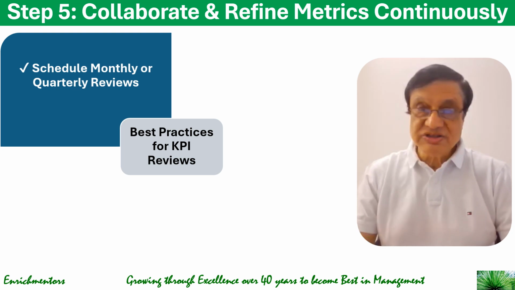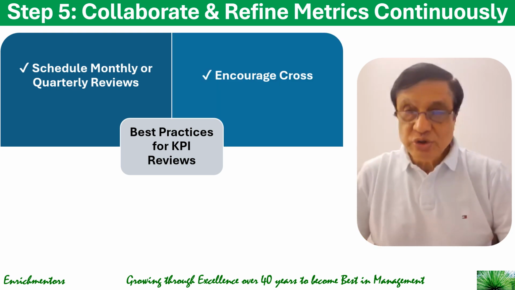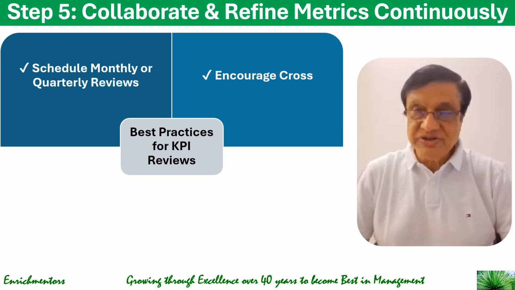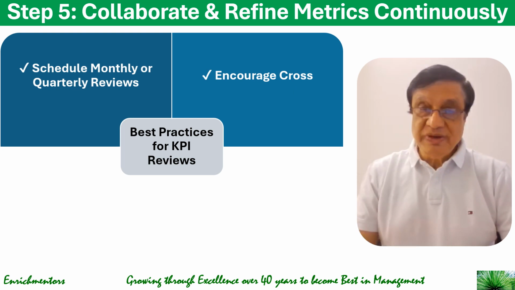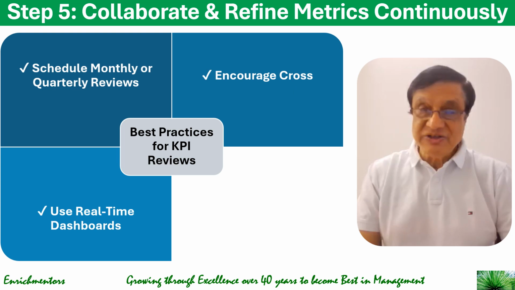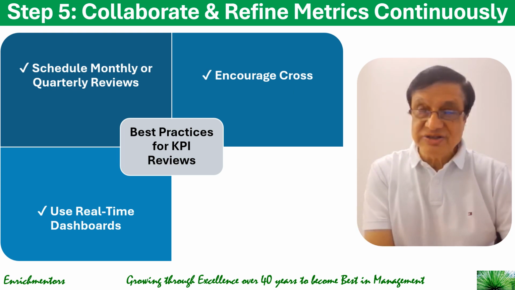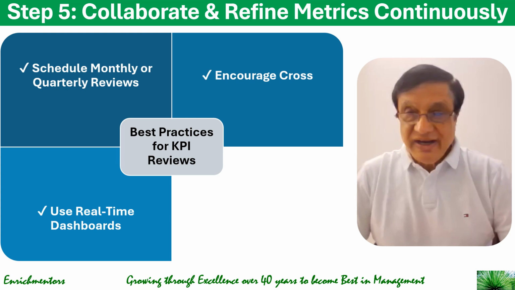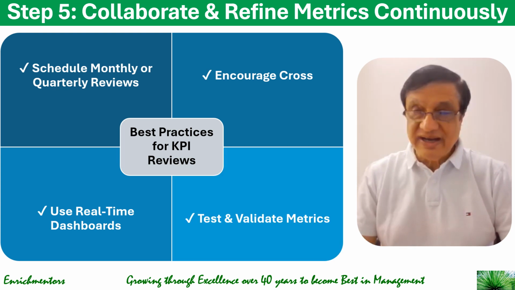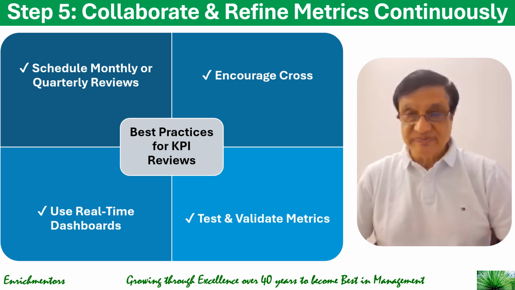Then encourage cross-team collaboration. Ensure marketing, sales, finance, and operation teams align with each other. Then you need to make sure that you use real-time dashboards, and there you need to provide live insights instead of static reports. And test and validate metrics. Ensure that KPIs are actionable and drive results.